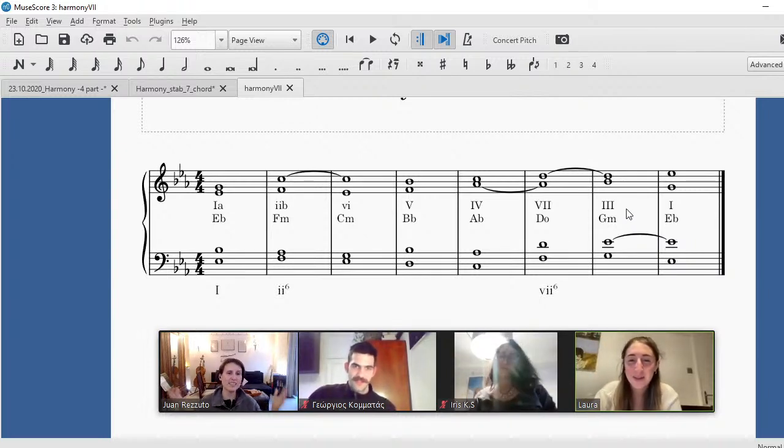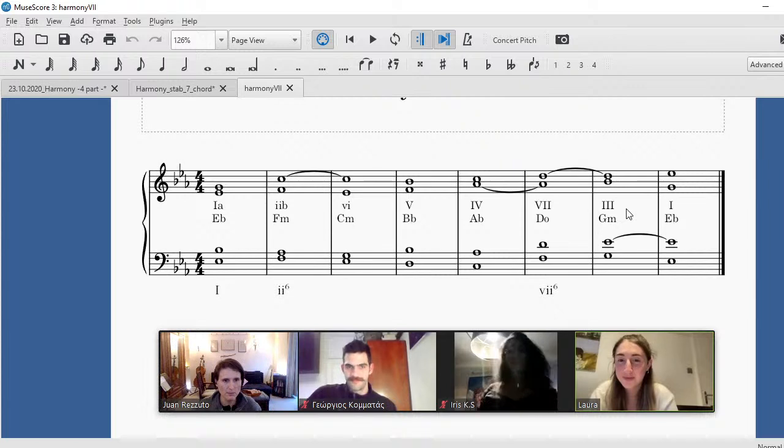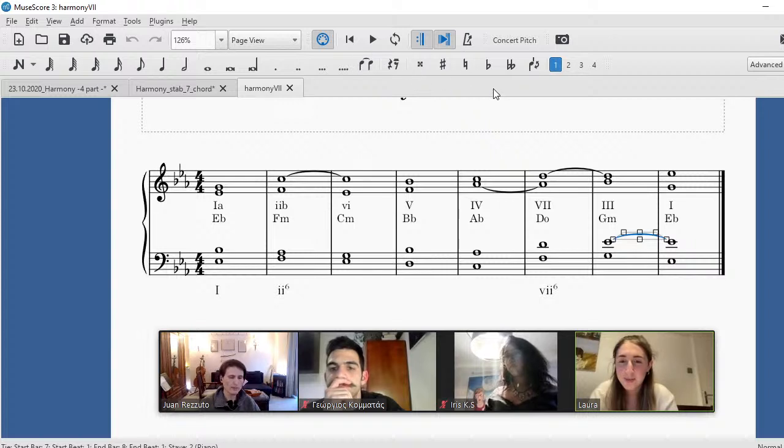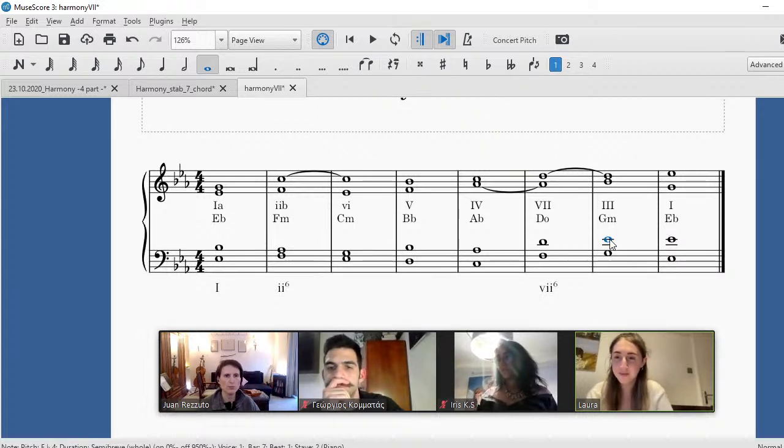Okay, we can think about why it sounds like something's wrong, something's out of place. First of all, we are in E flat. The third of the E flat is, I mean, it says G minor, but Laura, what is going on? Well, it's got an E flat. Yeah, it shouldn't. So what would you do?